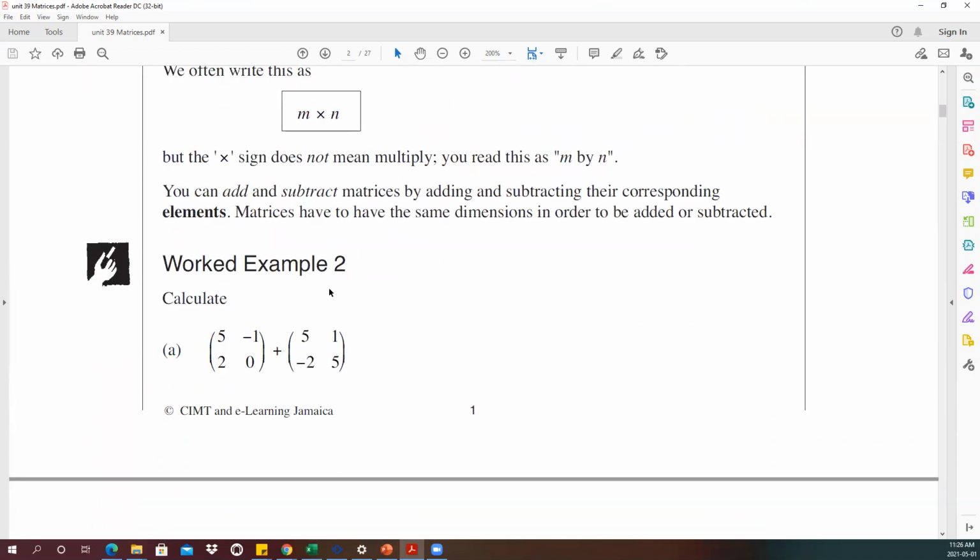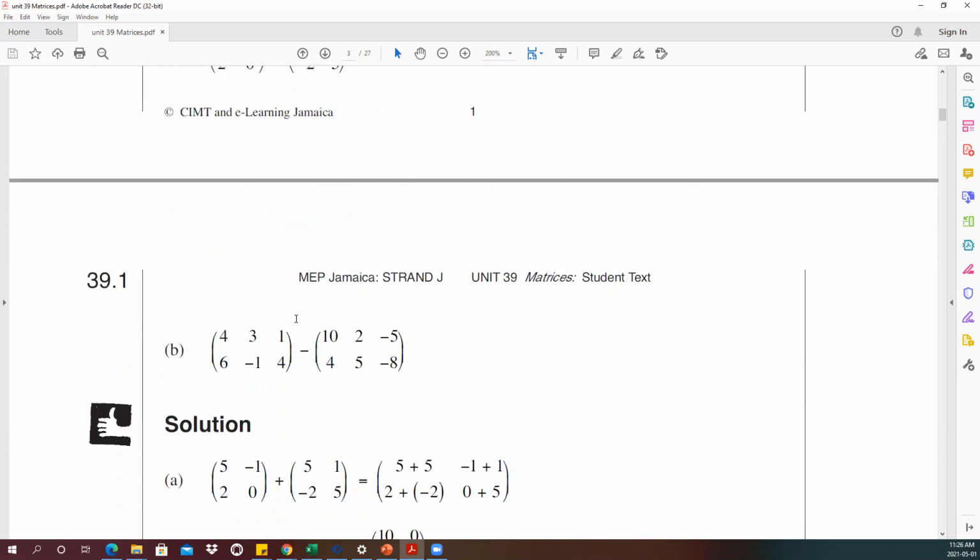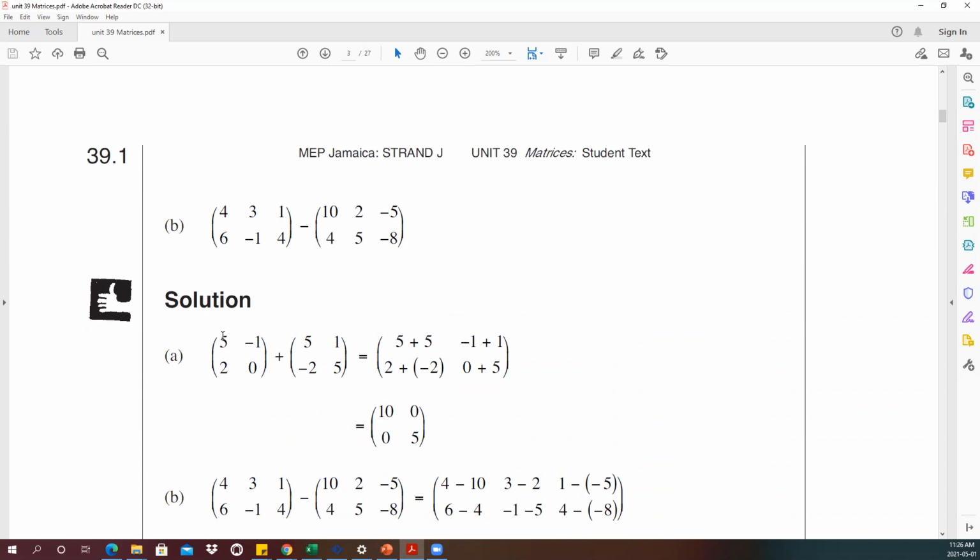All right, let me give examples right here. Calculate: notice that they have the same number of rows and the same number of columns. You add element by element. So, solution: you add 5 and 5. When I say element by element, I mean corresponding elements.